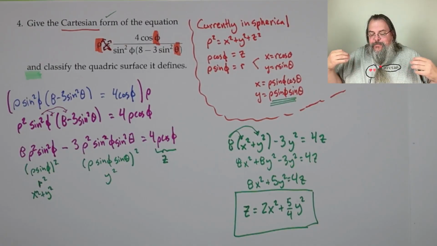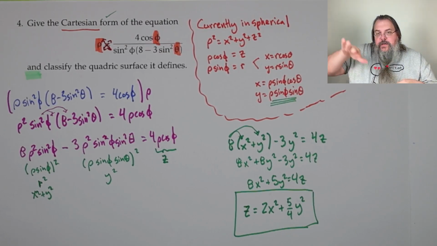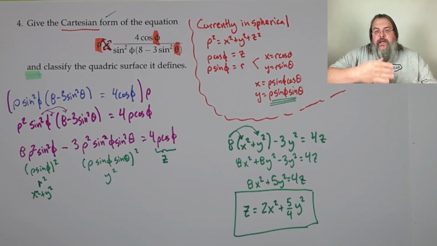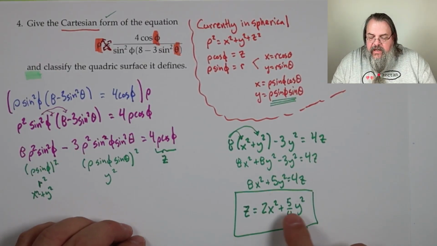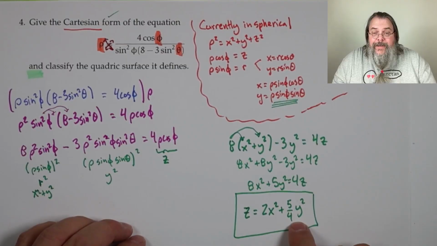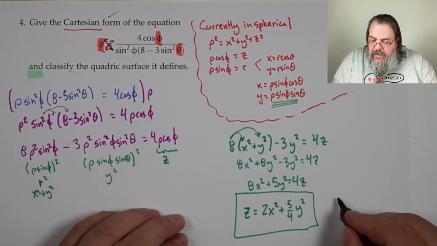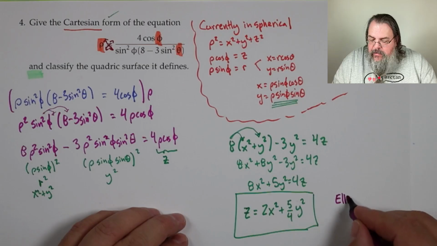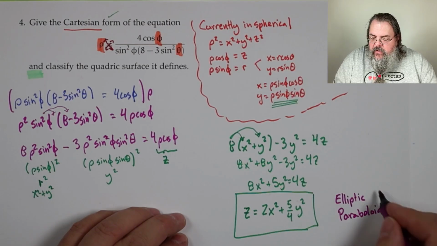But now, which kind? Is it like a bowl, or is it a saddle, where in one direction we go like this, but the other direction we go like that? To decide, we look at how the signs compare. It's plus plus. So what kind of shape do we have? That would be an elliptic paraboloid.